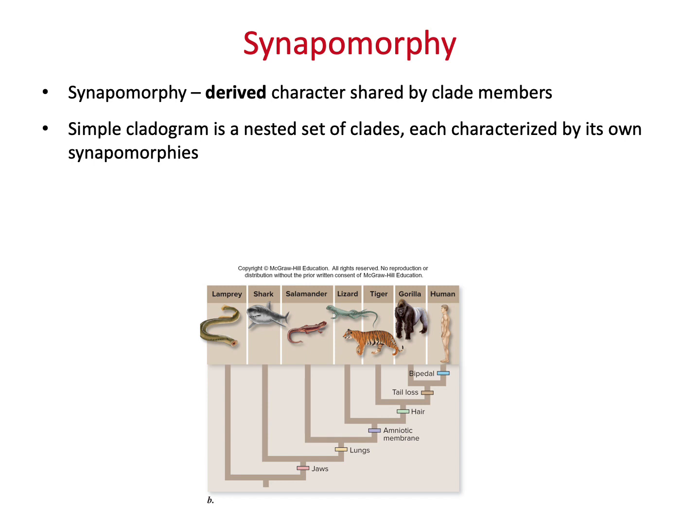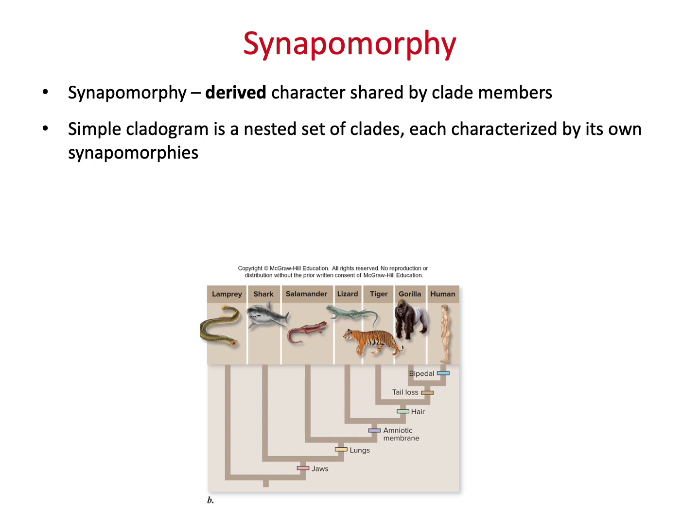So here if you look into this cladogram, this amniotic membrane character is shared by all the species up above here. So this is a synapomorphy of this clade. You remember that a synapomorphy is a derived character shared by clade members.